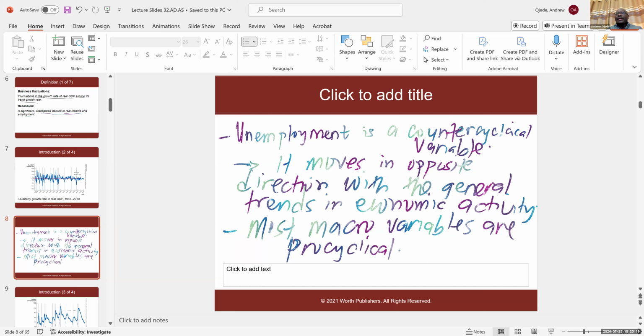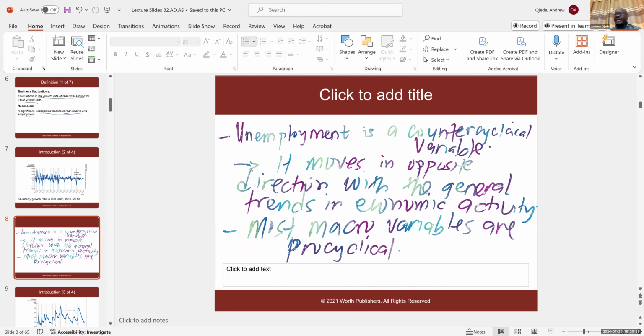For example, when the economy is doing well, when the economy is growing, employment is rising as well. GDP is rising as well. Interest rates tend to rise when the economy is doing well. Inflation rises with economic expansion. Consumption tends to rise. Consumers spend more money when the economy is in good times. Businesses tend to invest more money when the economy is doing well. So you can see most macroeconomic variables that we care about tend to move in the same direction with the trends in general economic activity. So they are pro-cyclical macroeconomic variables.